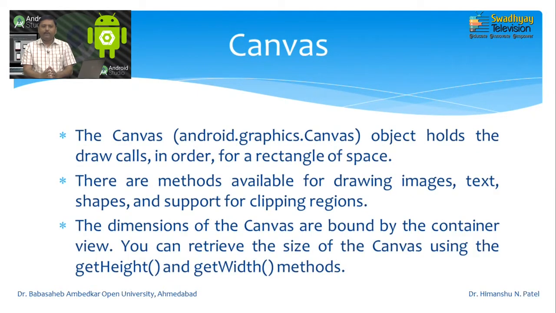Canvas is available in the package android.graphics and it holds the draw calls, meaning various methods for drawing different types of shapes. There are methods available for drawing images, text, shapes and support for clipping regions. The dimensions of the canvas are bound by the container. You can retrieve the size of the canvas using the getHeight and getWidth methods.